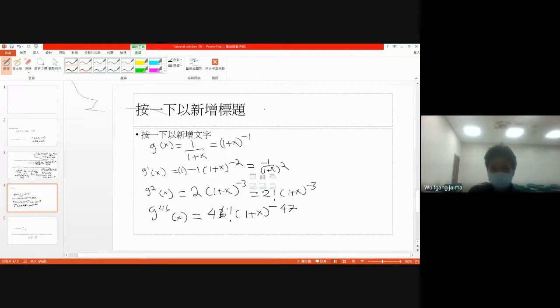So now we have the 46th derivative of f(x) is equal to the 46th derivative of h plus 2 times the 46th derivative of g.